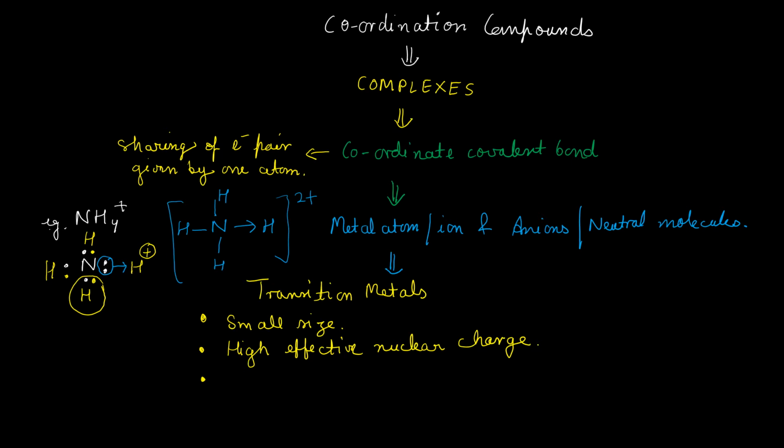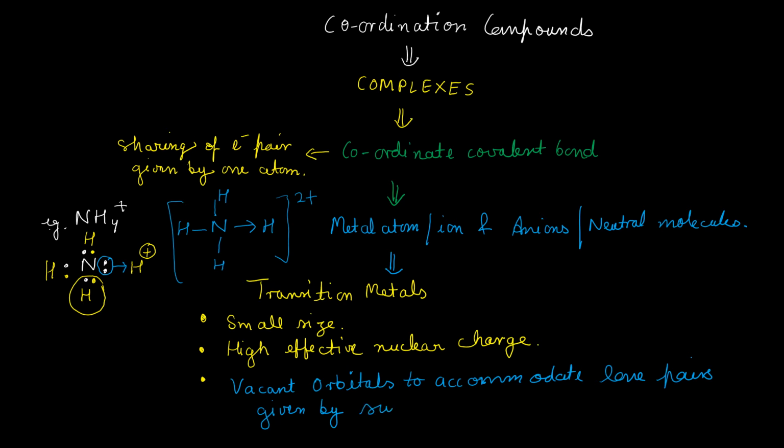Now, since only one atom is contributing the lone pair in order to make a bond with the central atom, therefore the central atom must have vacant orbitals to accommodate lone pairs given by surrounding molecules or anions.